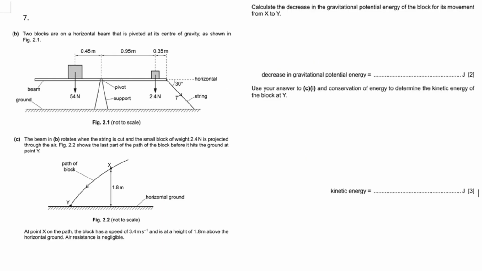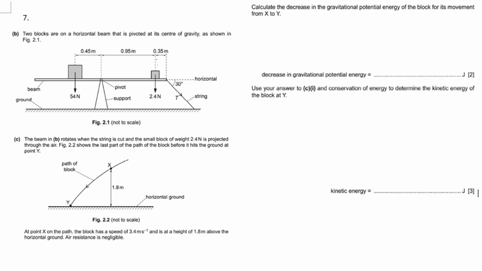Number 7. Two blocks are on a horizontal beam that is pivoted at its center of gravity as shown in 2.1. The beam rotates when the string is cut, and the small block of weight 2.4 newtons is projected through the air, as shown. Where is the string?